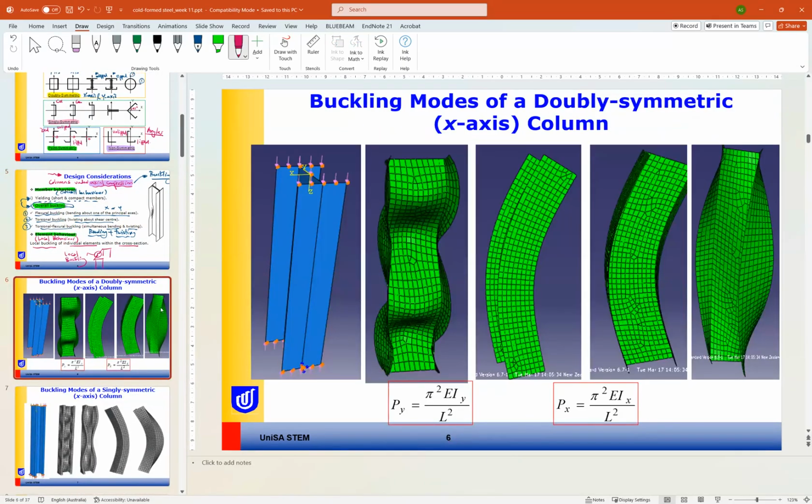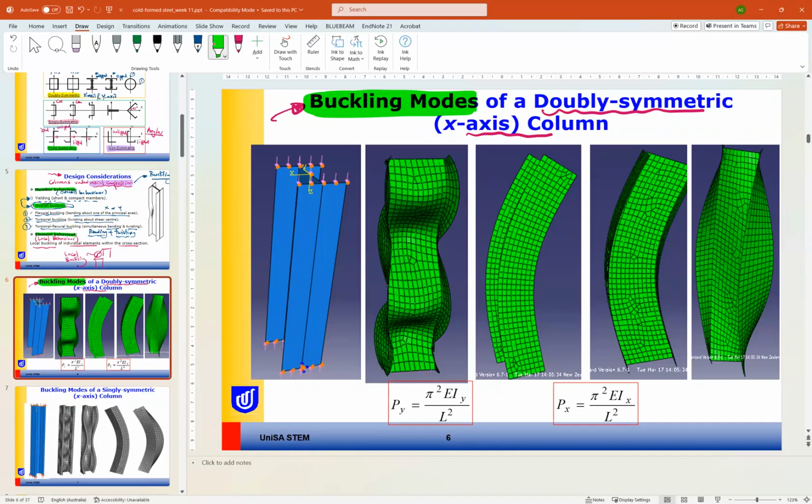And here is an example. These are the finite element modeling results for doubly symmetric members under axial compression. And here are the buckling modes. Buckling modes mean how the buckling will look when we apply the load.